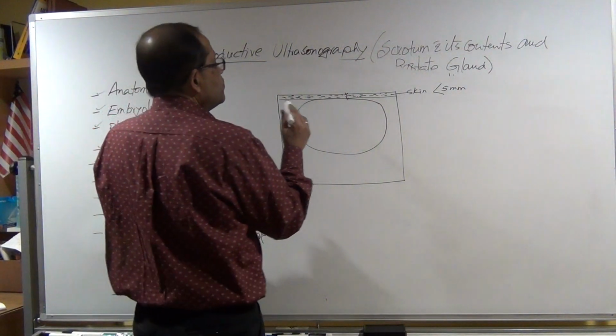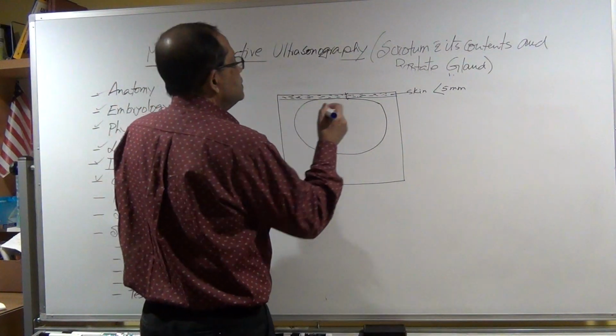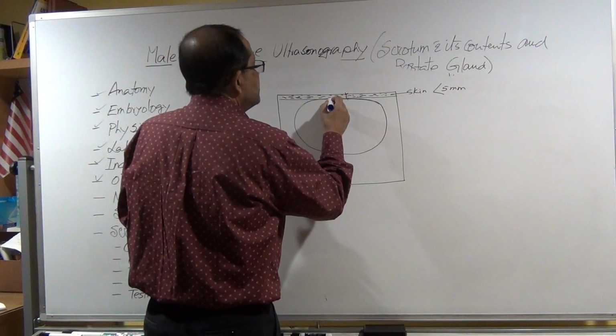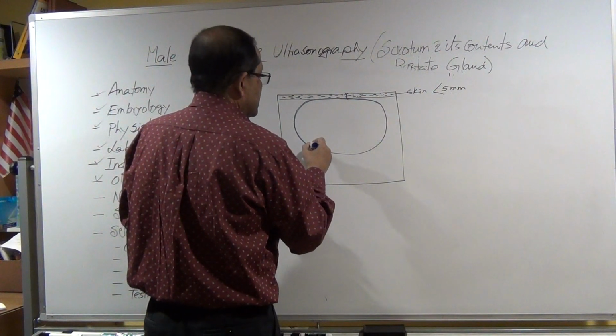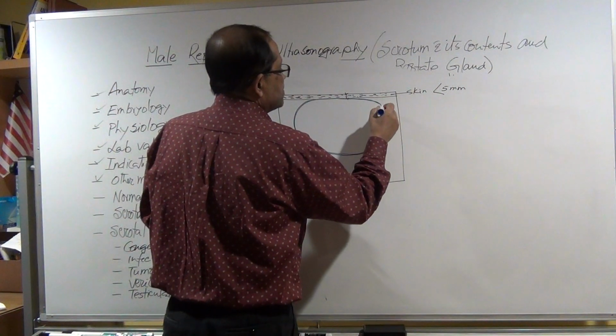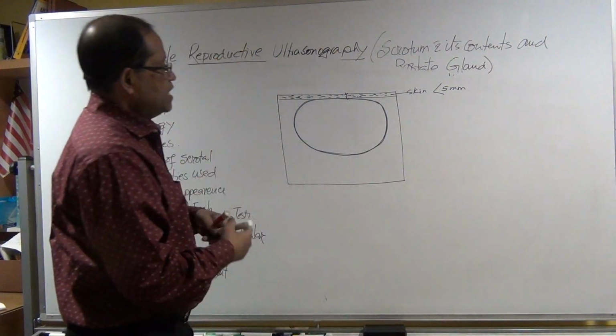Okay, so now you will see the testis is very close to the skin, and it has a very strong reflection called a specular reflection.